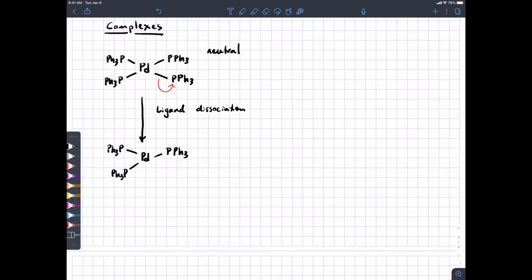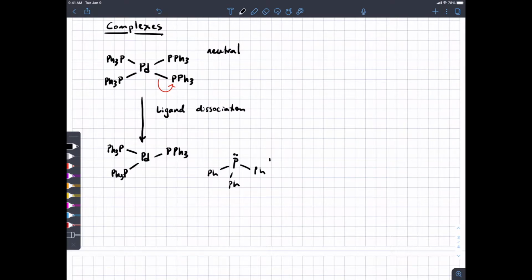Almost as though there's a spot left behind. I mean, we could draw it or not, but it's a spot left behind where the ligand used to be. Okay, and the ligand will leave as this neutral phosphine. Now, phosphorus is on the same column of the periodic table as nitrogen. That's why we call this a phosphine, analogous to an amine.